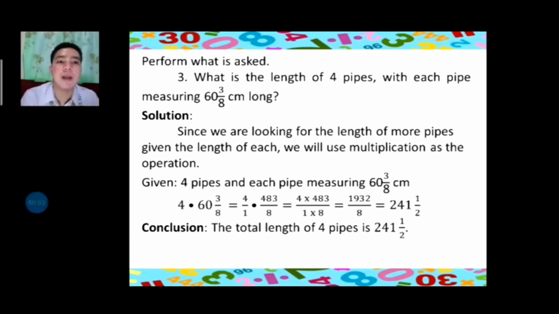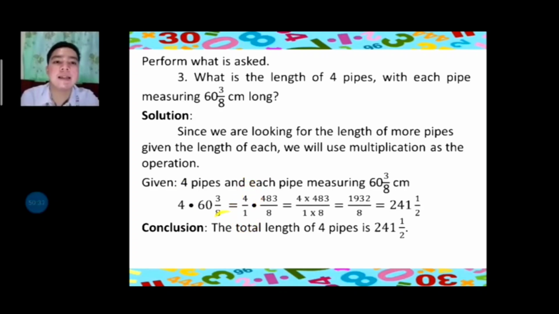So if one pipe is equal to 60 and 3/8 centimeters long, now to find 4 pipes, we have to multiply by the given measure of one pipe. So 4 times 60 and 3/8. So since we have a mixed fraction, just make it an improper fraction. So just copy 4 or express it as a fraction, that is 4 over 1.